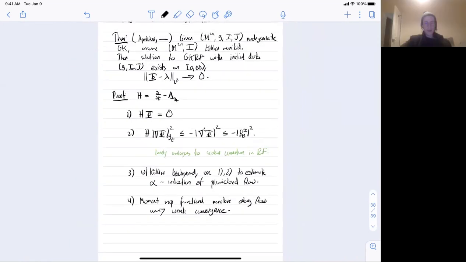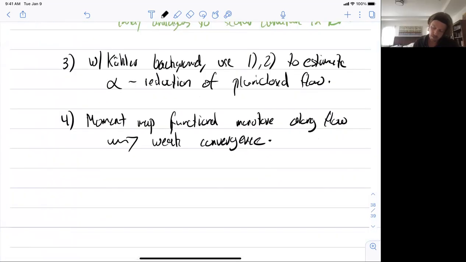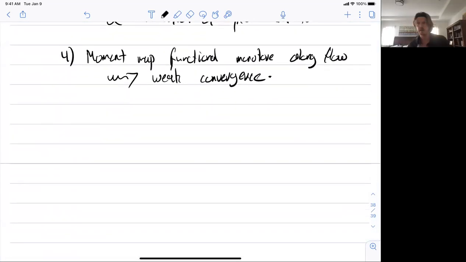Can you say how that works, please? So yeah, I don't know, Vesti, can you say how it works? Well, it's akin to this moment map picture for the Calabi-Yau equation that Joel Fine found. So let me see.